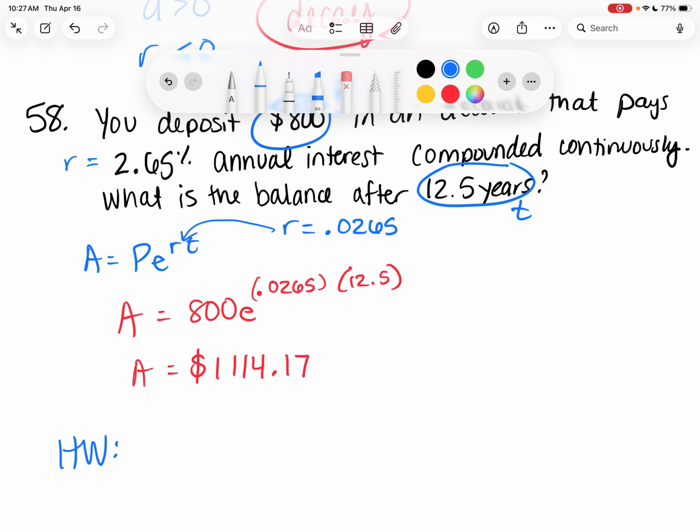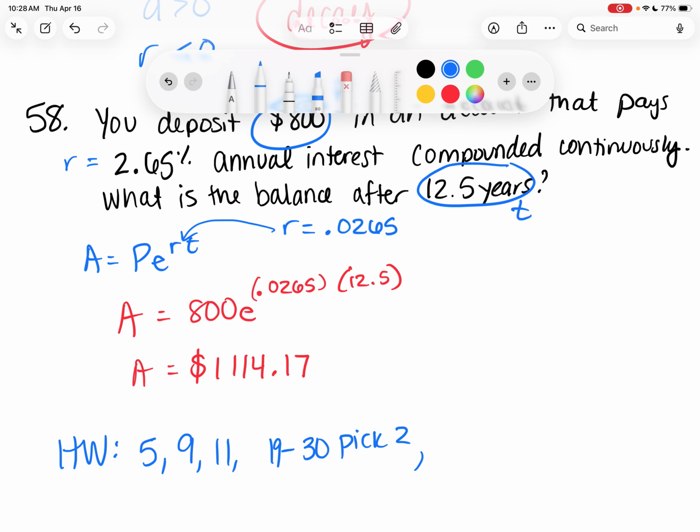All right, problems 5, 9, 11. In 19 through 30, you can pick 2. It's the calculator ones. Pick your 2 favorite ones. I don't care. Can't be 2 that we did, but any other 2 is fine.